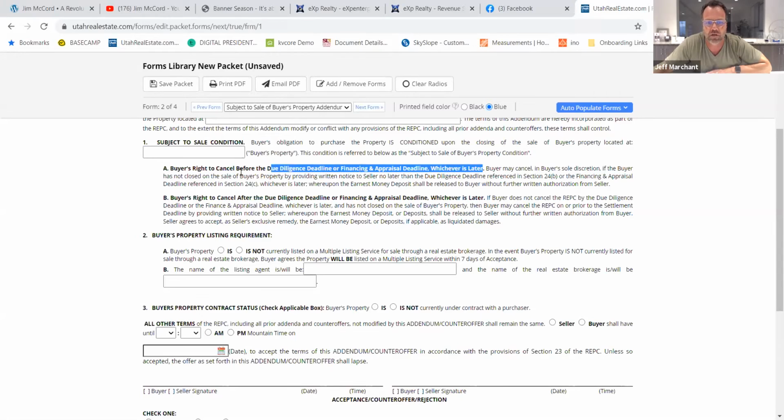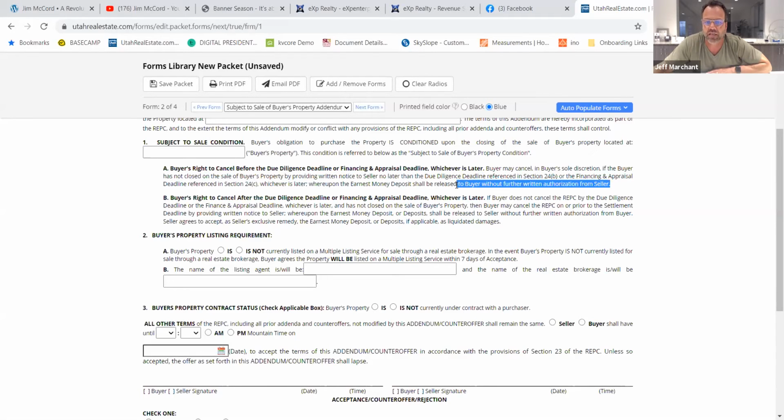So if I cancel before one of my deadlines, let's say I'm the buyer's agent, buyer may cancel in buyer's sole discretion if the buyer has not closed on the sale of buyer's property by providing written notice to the seller no later than the due diligence deadline referenced in section 24B or the financing appraisal deadline referenced in 24C. This is referring to the last page of the REPC, whichever is later. Whereupon the earnest money deposit shall be released to the buyer without further written authorization.